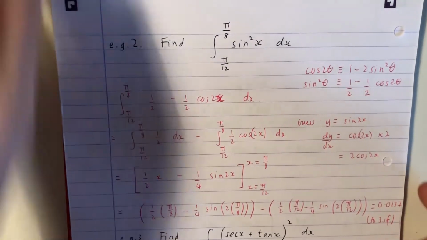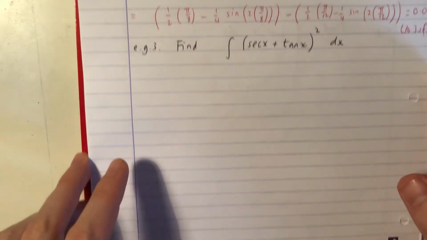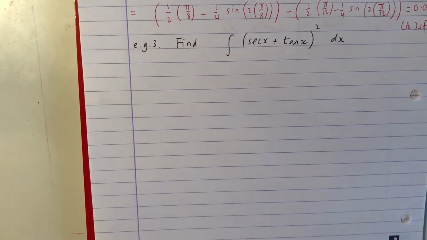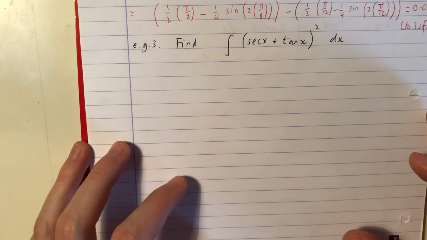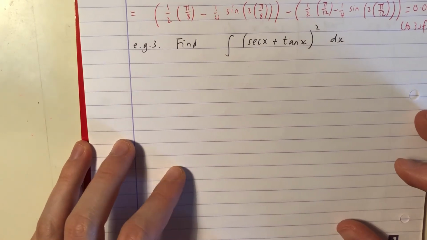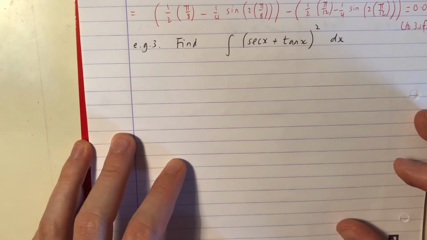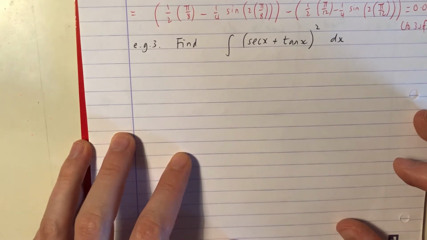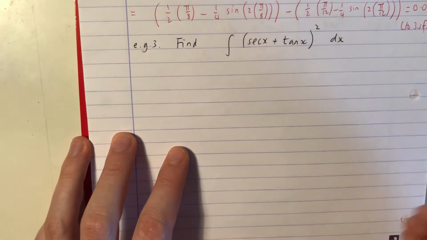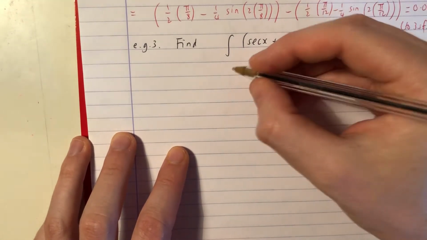Right, e.g. number 3. Integrating (sec x plus tan x) all squared. Okay. The only thing I can think of is expanding the brackets, which is unfortunate.